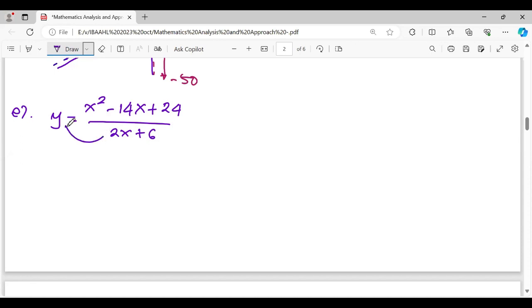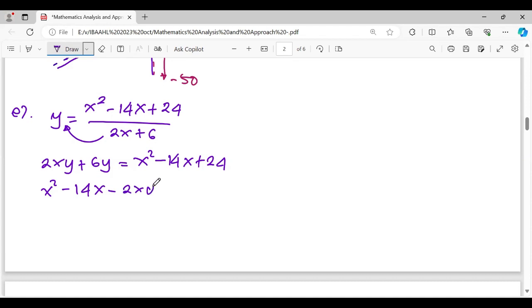So if you multiply 2x plus 6 times y, it's going to be 2xy plus 6y equals x squared minus 14x plus 24. Or we can arrange this equation like this: x squared minus 14x minus 2xy plus 24 minus 6y equals 0.